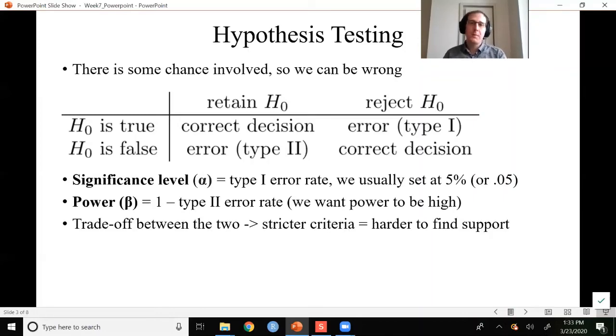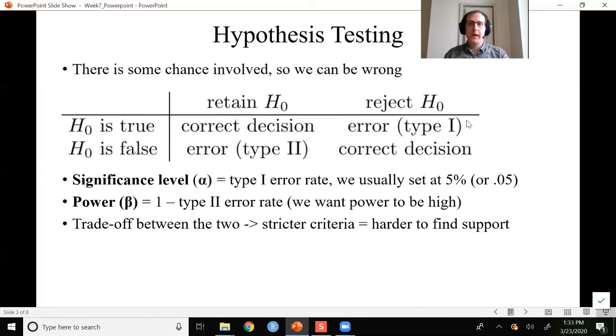Part of what makes this a little bit difficult is that there's a bit of a trade-off between type 1 and type 2 errors. So let's say that we decide to make it so that you have to have really strong evidence to support the alternative hypothesis, to reject that null hypothesis. That is, concluding that, say, an intervention is effective in the population. If you have that really stringent criteria, you're limiting type 1 errors really well.